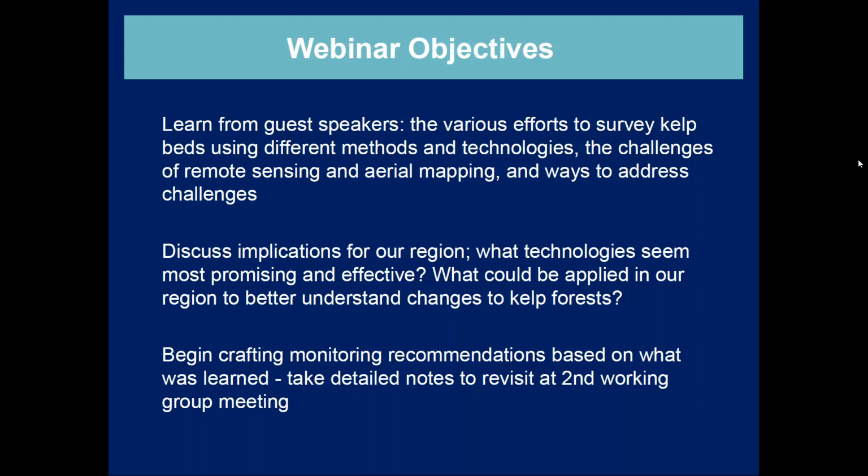We're going to discuss aerial mapping, remote sensing, and the challenges associated with those and ways to address them, and look at what the implications could be for our region, and which of those methods seem the most promising and effective, what could be applied in our region to better understand the changing dynamics in our kelp forests.